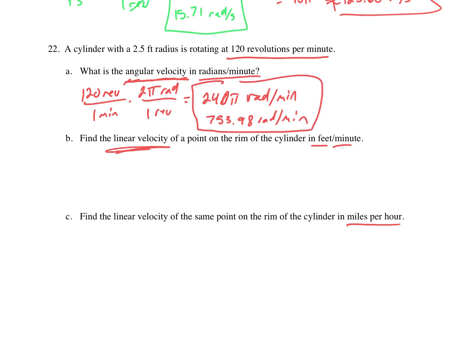Then we want the linear speed in feet per minute. So we go back to our V equals R omega. We know the radius is 2.5. We know the angular speed is the 240 pi. So let's take 240 pi, multiply it by that radius of 2.5.